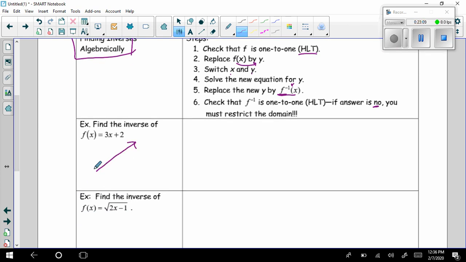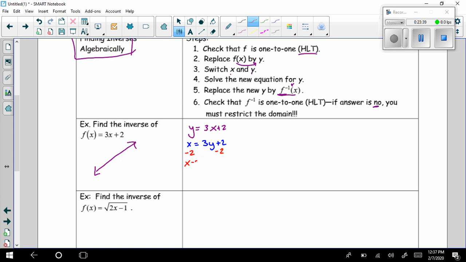So making sure it passes the HLT, you can type it in your graphing calculator or just picture what it looks like. This is a line. It will pass the horizontal line test. So I'm going to rewrite this as y equals 3x plus 2. Then my next step is to flip the y and the x around. So everything else is staying the same. This becomes x, this becomes y. Then I solve this for y so that I could actually graph it again.